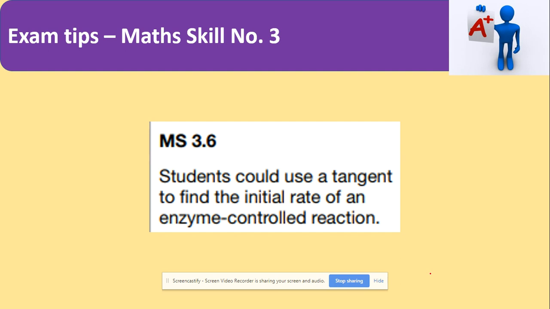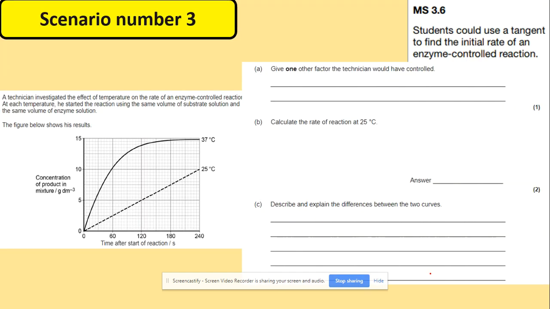So exam tips, another one for section 1: students could use a tangent to find the initial rate of the reaction. It's going to be difficult for me to draw a tangent here, but I will try my best. We have a question here showing the concentration of product against time.